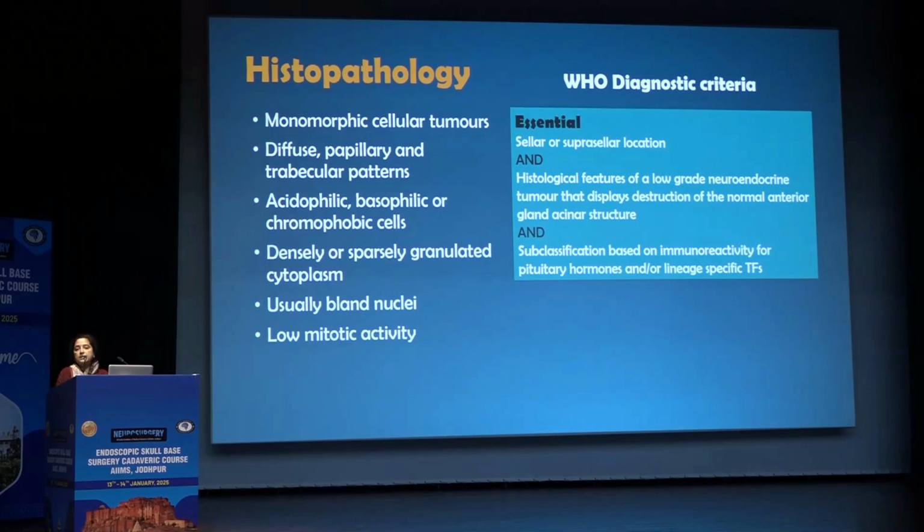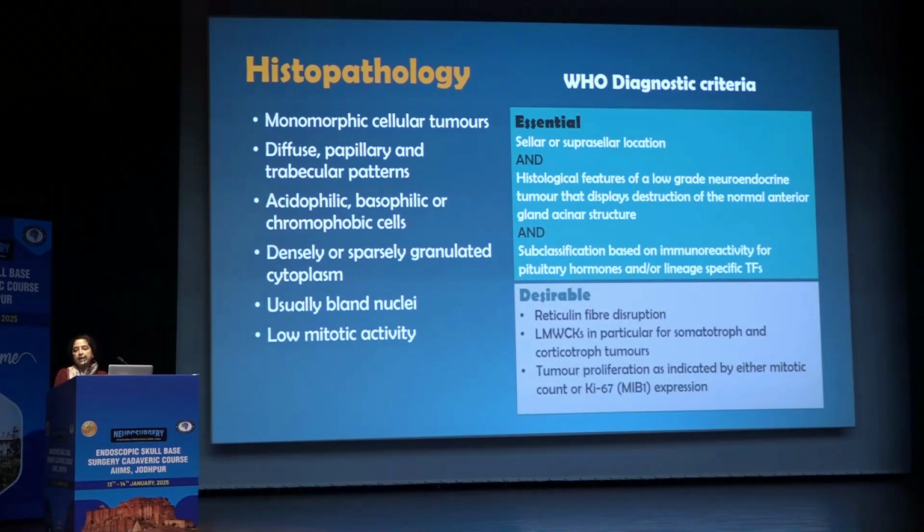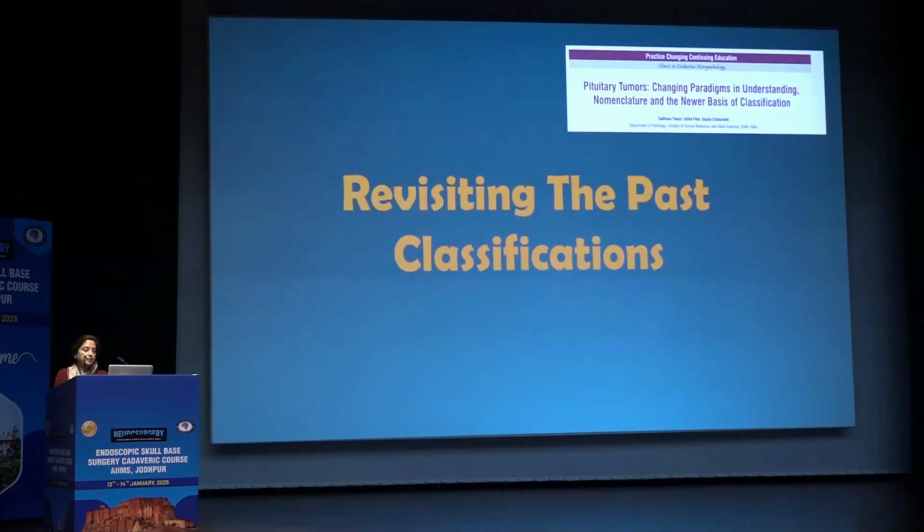WHO has given us certain diagnostic criteria, and these are the essential criteria for the tumor to be labeled as PitNET: it has to be at a sellar or suprasellar location with the histological features which I have already described, and the subclassification has to be based on the immunoreactivity for transcription factors and the hormones. There are some desirable criteria which remain the old ones.